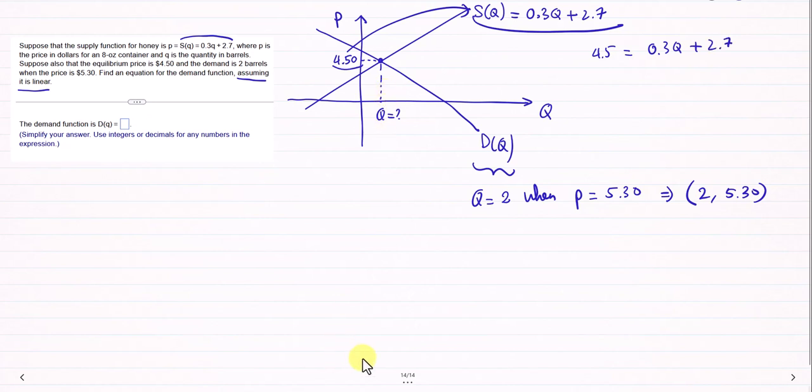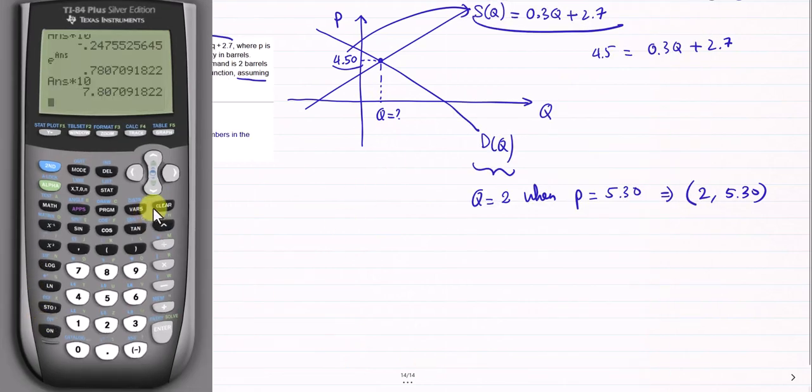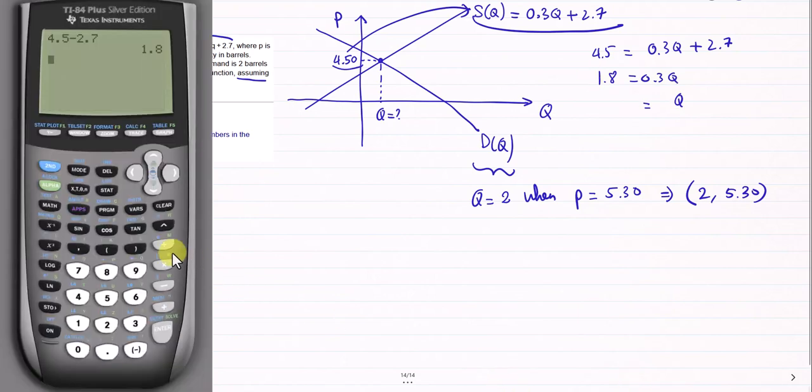So the first thing is I'm going to subtract 2.7 on both sides. So 4.5 minus 2.7, and then you will get 1.8. So 1.8 equals 0.3Q. And then to solve for Q, you just have to divide both sides by 0.3, and that will give me 6.